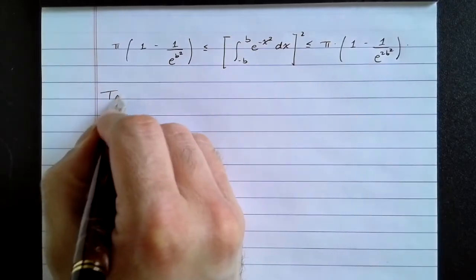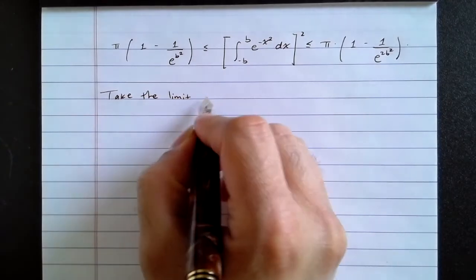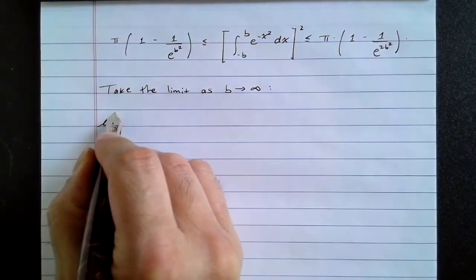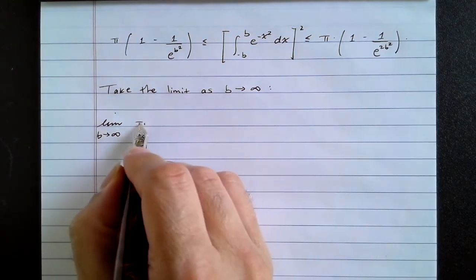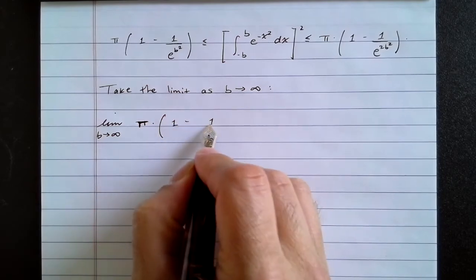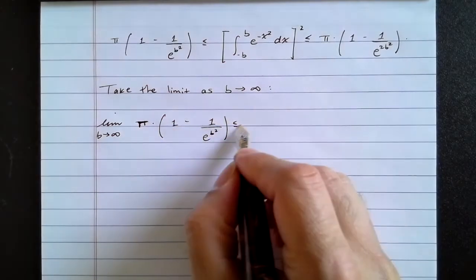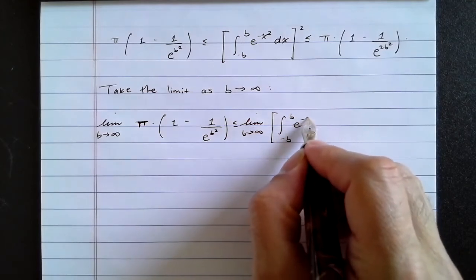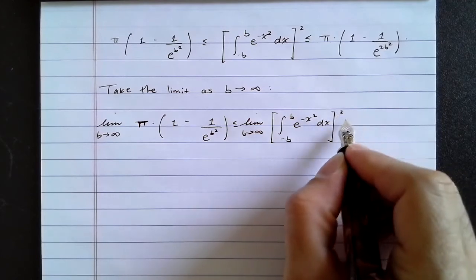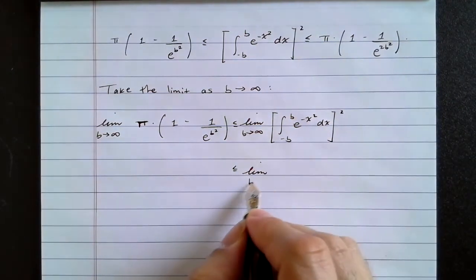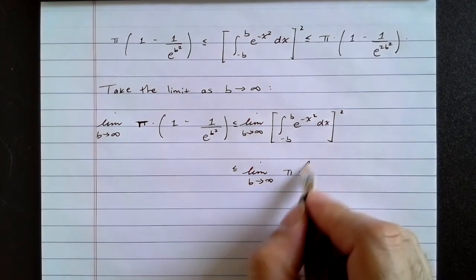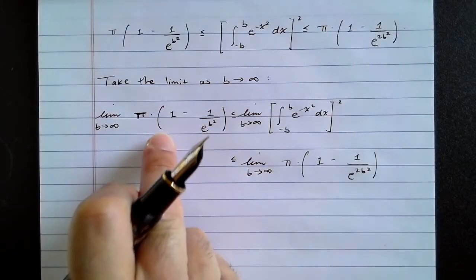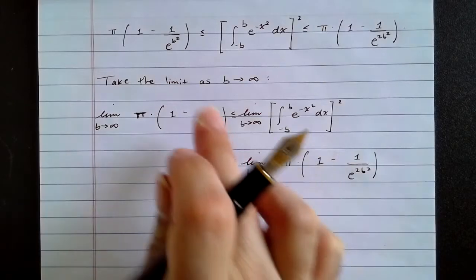So this limit, right, b is going to infinity, so e to the b squared goes to infinity, so 1 over that goes to 0.